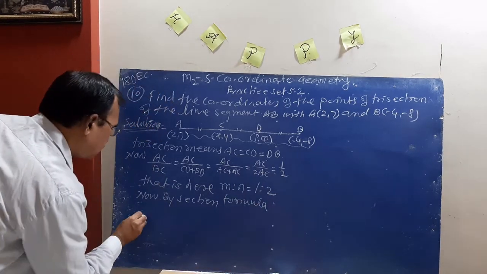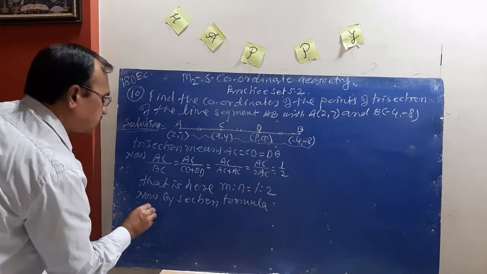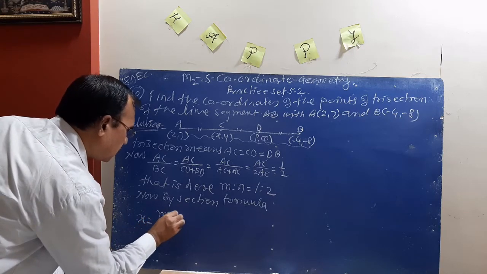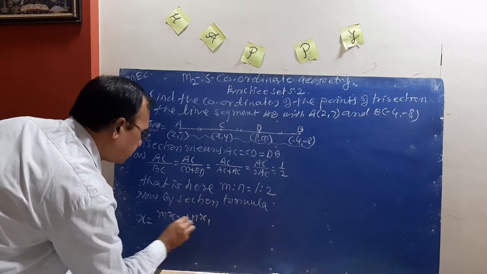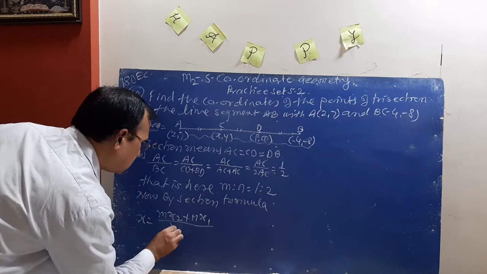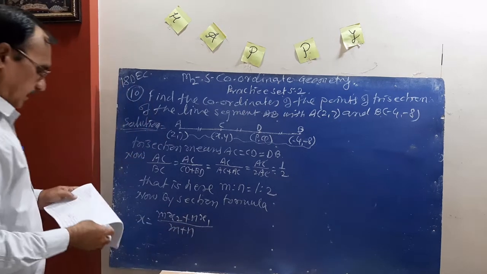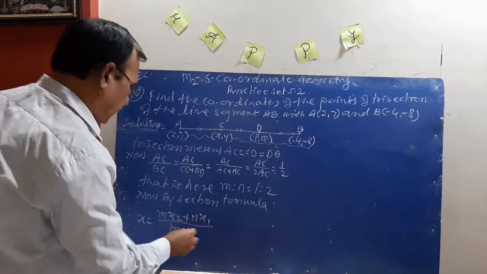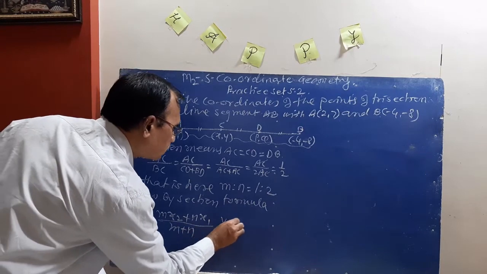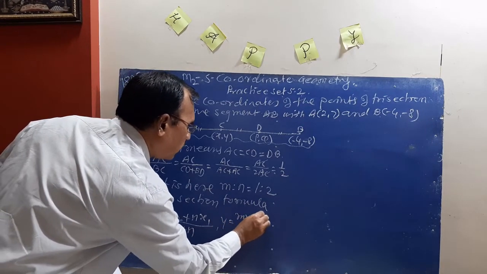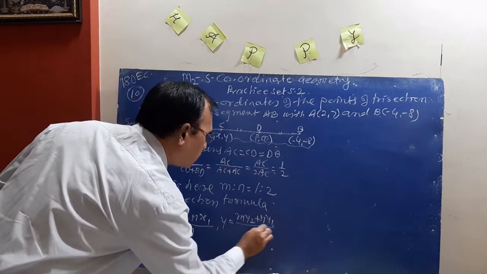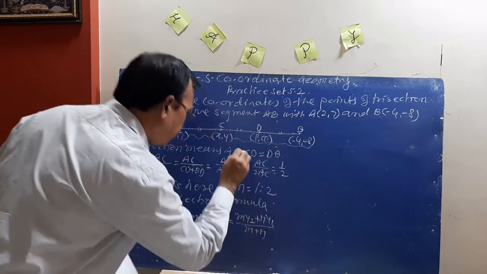Again remember which is the section formula? x is equal to (mx2 plus nx1) upon (m plus n), and y is equal to (my2 plus ny1) upon (m plus n).